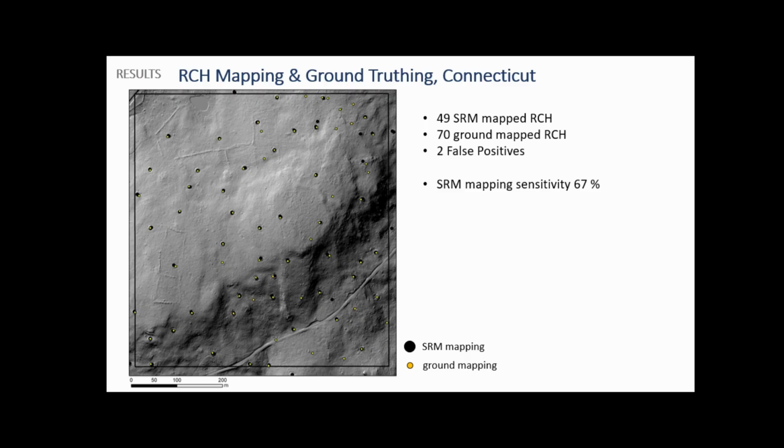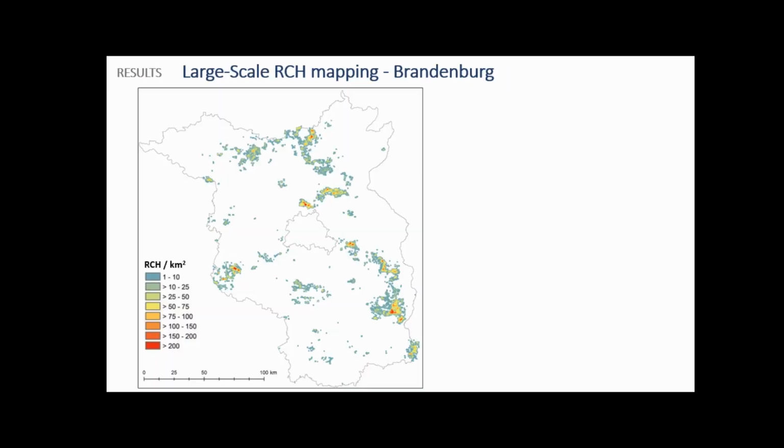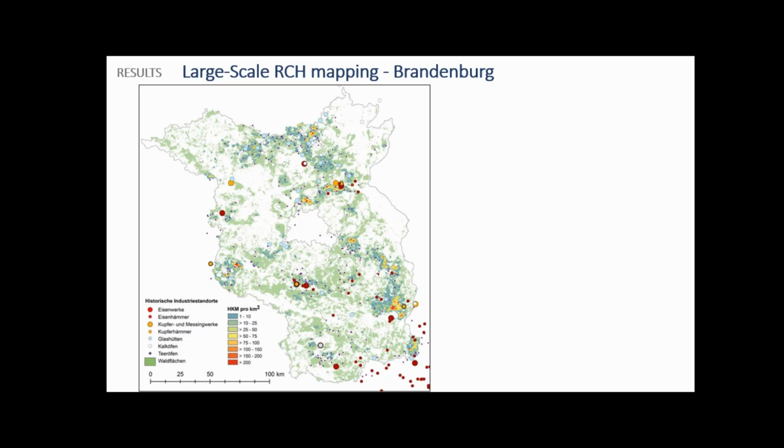We then went to the larger scale, keeping in mind that we capture at least around 50% of our sites. That's site density for the whole state of Brandenburg. Here is the same map with forest areas in the background and with the industry sites. I'll try to guide you through this in the next slides.